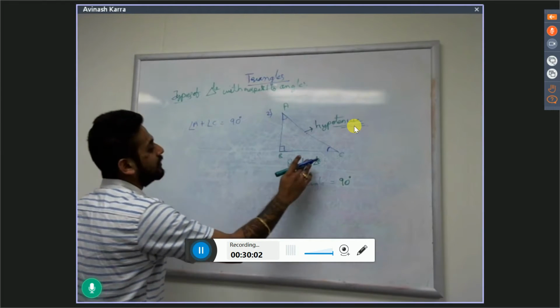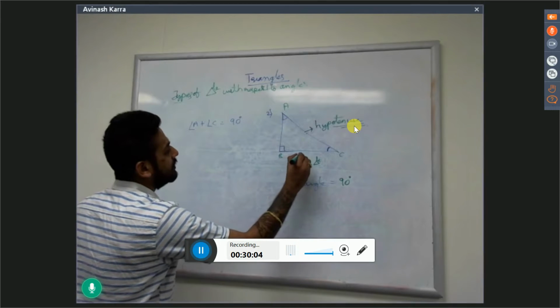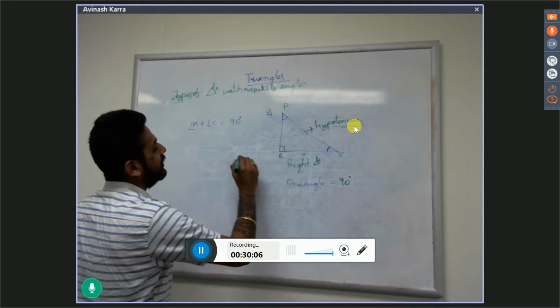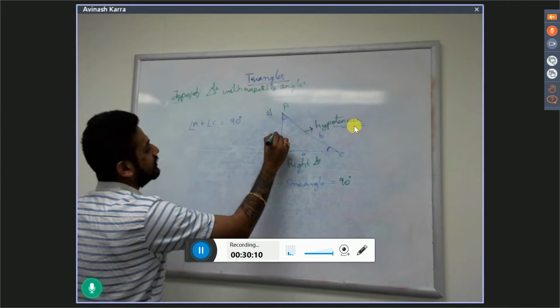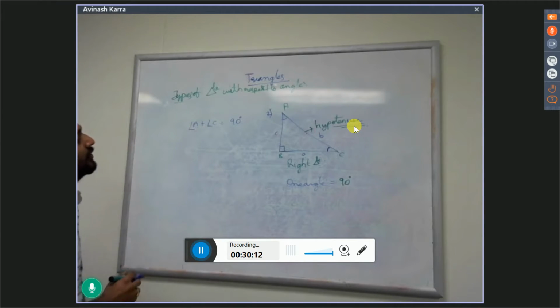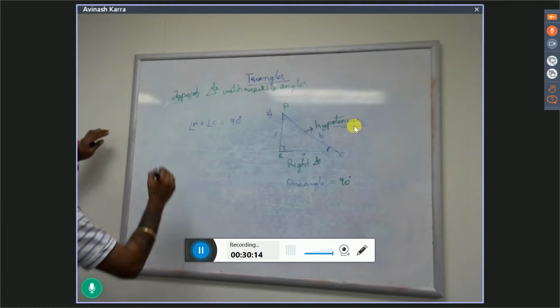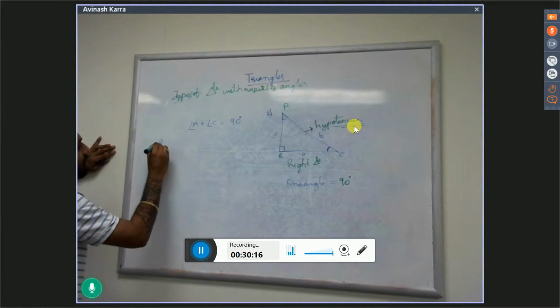And if I consider this as side A, this as B, and this as C. Remember the Pythagorean theorem.